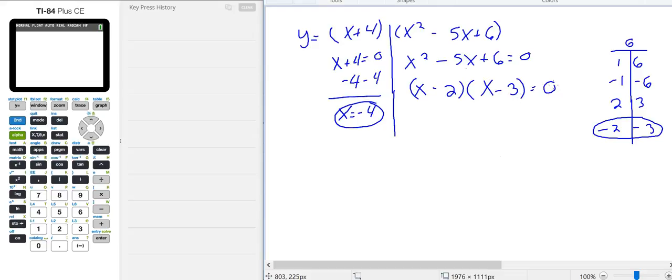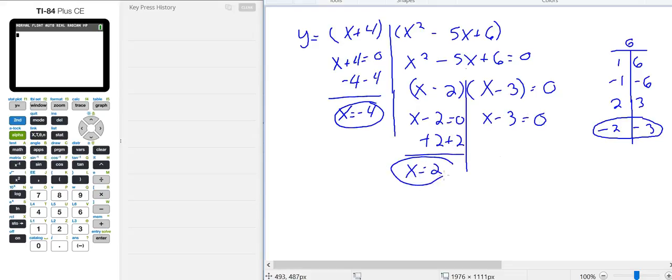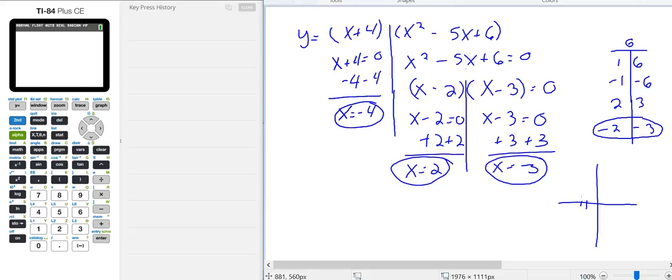Now that this is in completely factored form, we can set each of these factors equal to 0. x minus 2 is equal to 0, and x minus 3 is equal to 0. We're going to plus 2 and plus 2. x is equal to positive 2. Plus 3 and plus 3. x is equal to positive 3. So this cubic function would cross the x-axis at x is equal to negative 4, at x is equal to positive 2, and at x is equal to positive 3. So the function would look something like this.